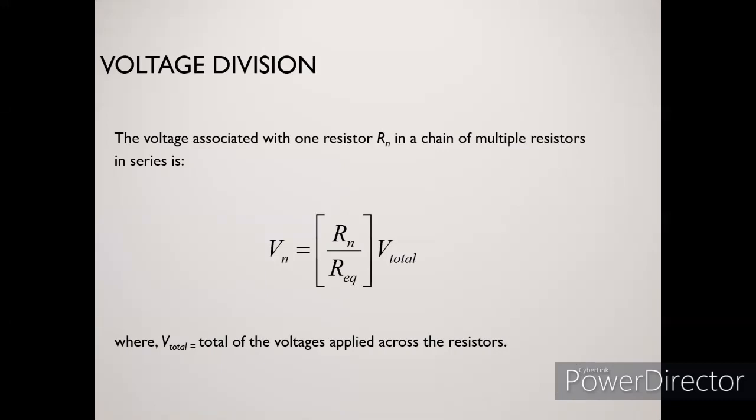which is here. The voltage associated with one resistor in a chain of multiple resistors in series is Vn equals, in brackets, Rn over R total, close bracket, times V total, where V total is the total of the voltages applied across the resistors, Rn is the value of the resistor, R total is the total resistance, and Vn is the voltage drop across the resistor.